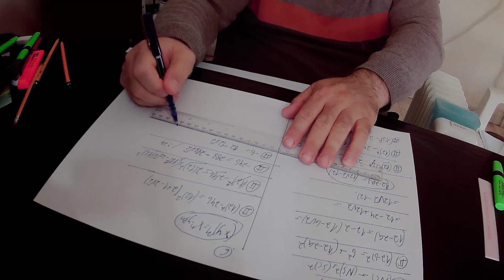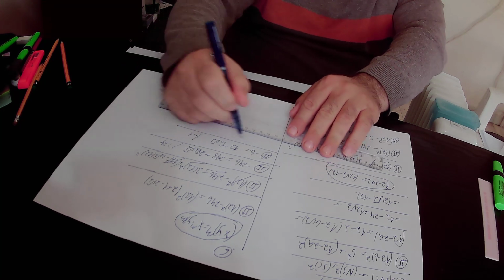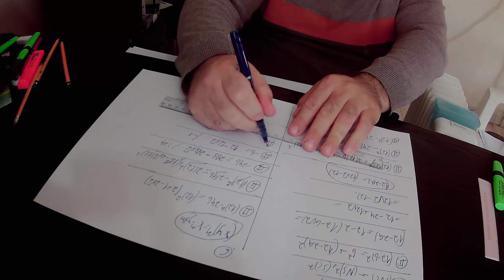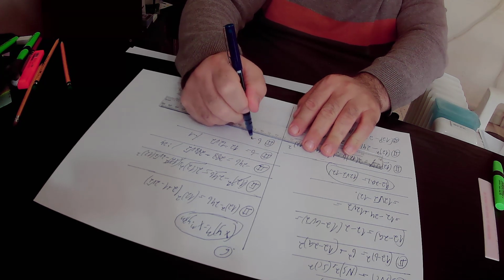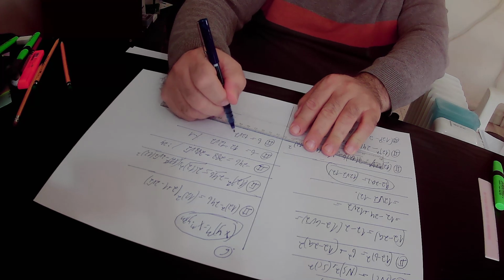Here we will multiply equation number 2 by minus 1, and we'll get that according to equation number 2, b equals 12 times square root of 2 minus 12.